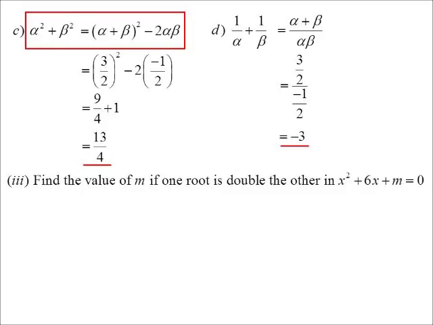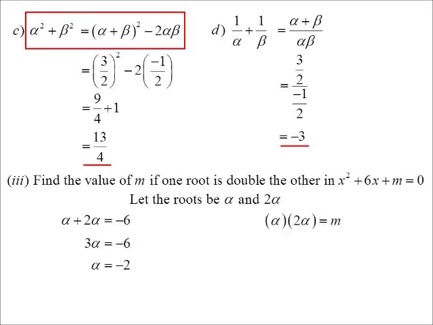Find the value of m if one root is double the other. Okay, so for this one, instead of saying the roots are alpha and beta, one root is double the other, so I'm going to say the roots are alpha and 2 alpha. So the sum of the roots, instead of being alpha plus beta, now becomes alpha plus 2 alpha. And I know that's going to be minus b on a, so that turns out to be minus 6.